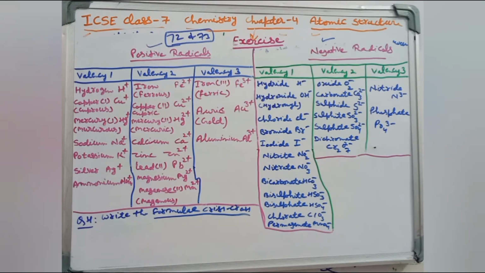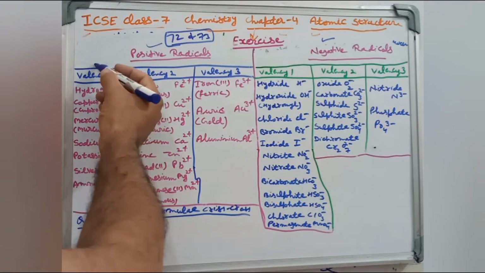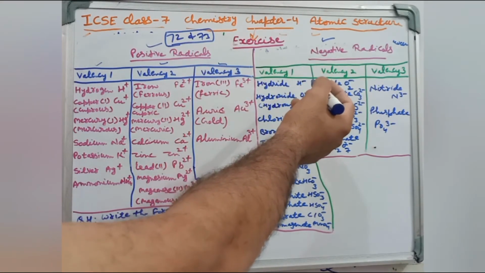So here I have drawn the chart of positive radicals and negative radicals. Here is valency 1, valency 2, valency 3. Valency, as you know, is the number of electrons an atom can donate or accept.